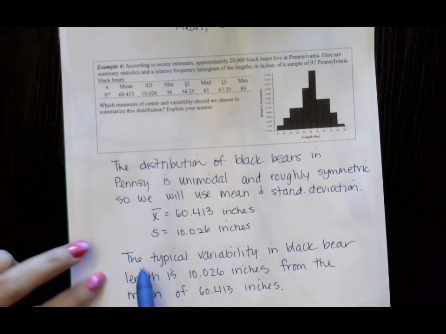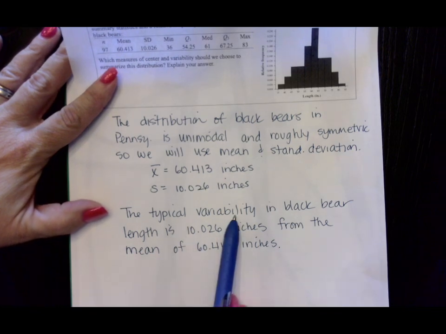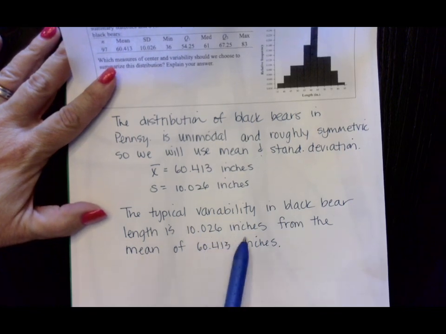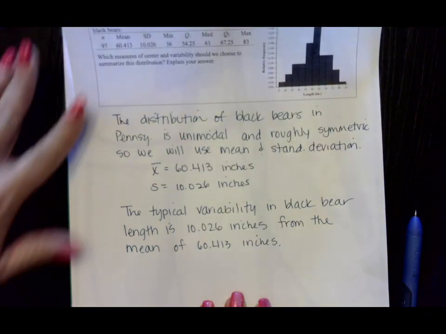So if I'm going to just define my standard deviation, the typical variability in black bear length is 10.026 inches from the mean of 60.413 inches. All right, that's it.